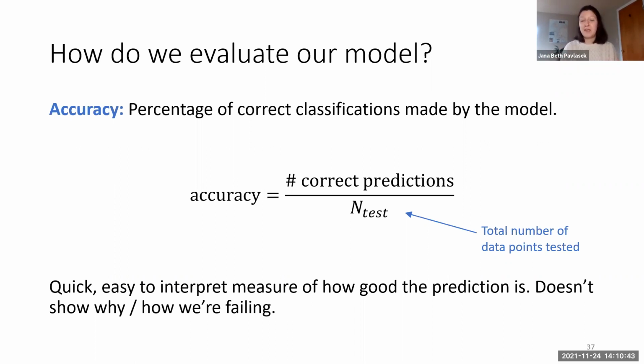So you really want to make the number of tests as high as you can afford, however many test images you have and however much time you can spare. It'll take longer to run this algorithm on more images.